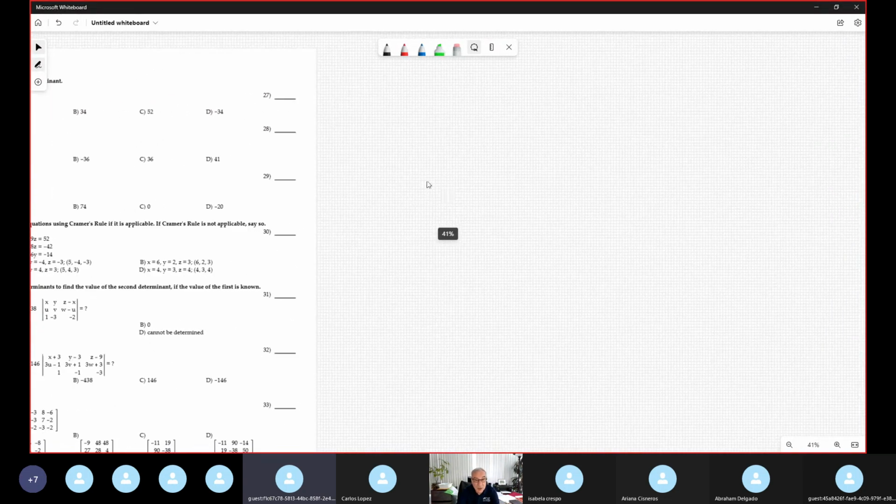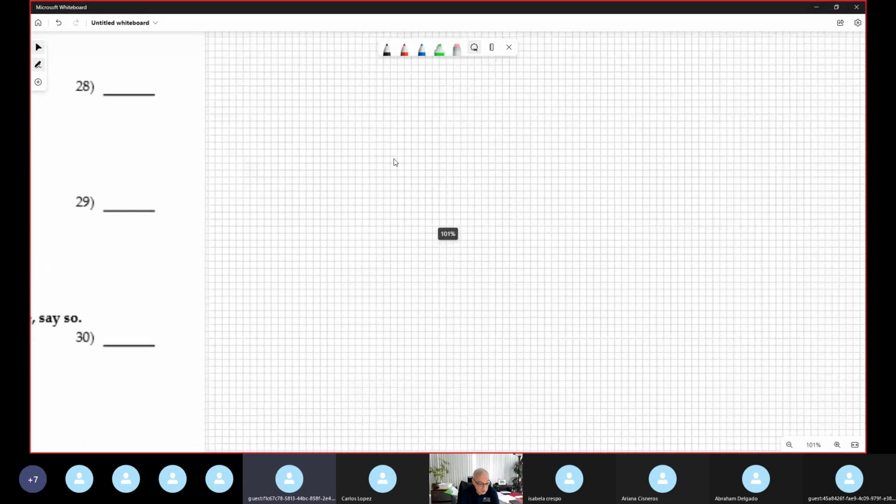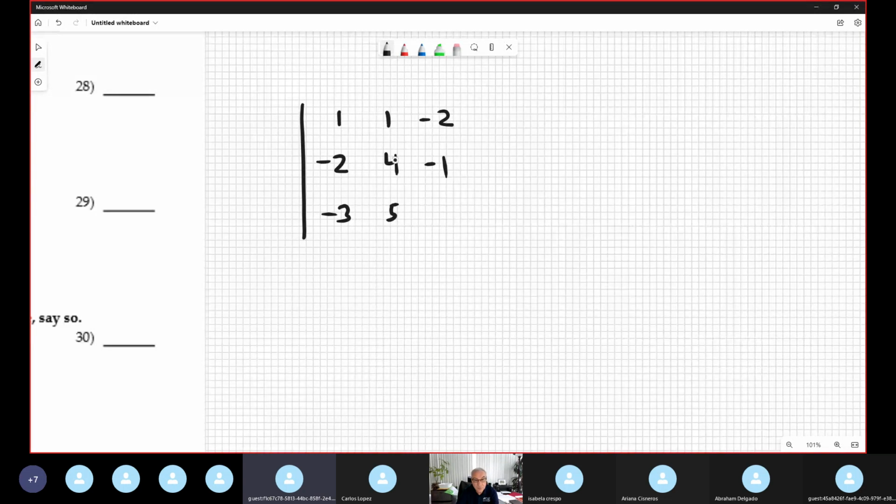Okay. The determinant that I need to compute in the 27th question is 1, 1, -2, -2, 4, -1, -3, 5, 5. Okay, remember, the answer of this is a number.